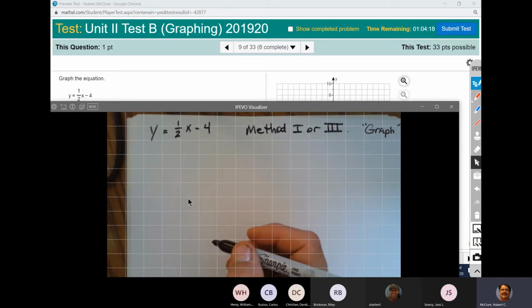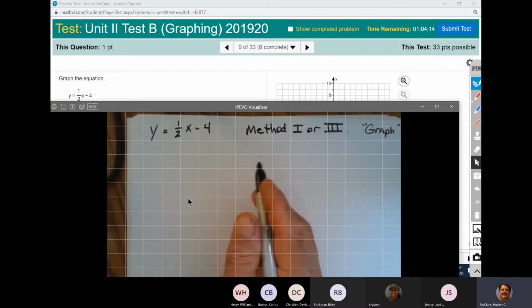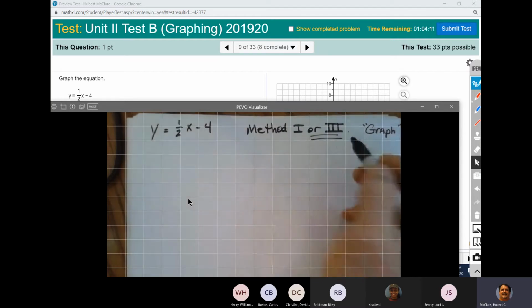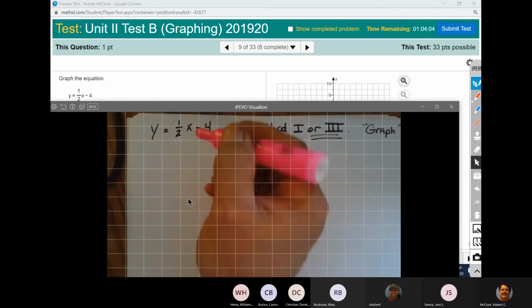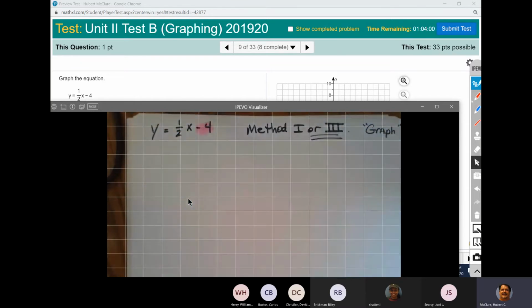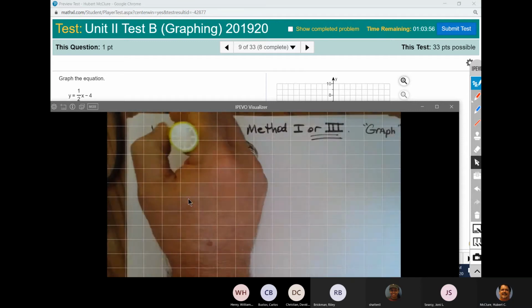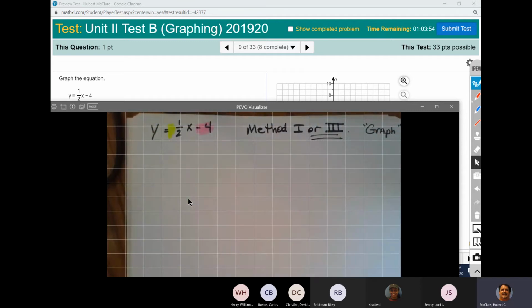Now, of course, you're going to use method 3. That's what I would use. You could use method 1, but I'm going to use method 3. And I'm going to take my pink highlighter and my yellow highlighter and my orange highlighter.